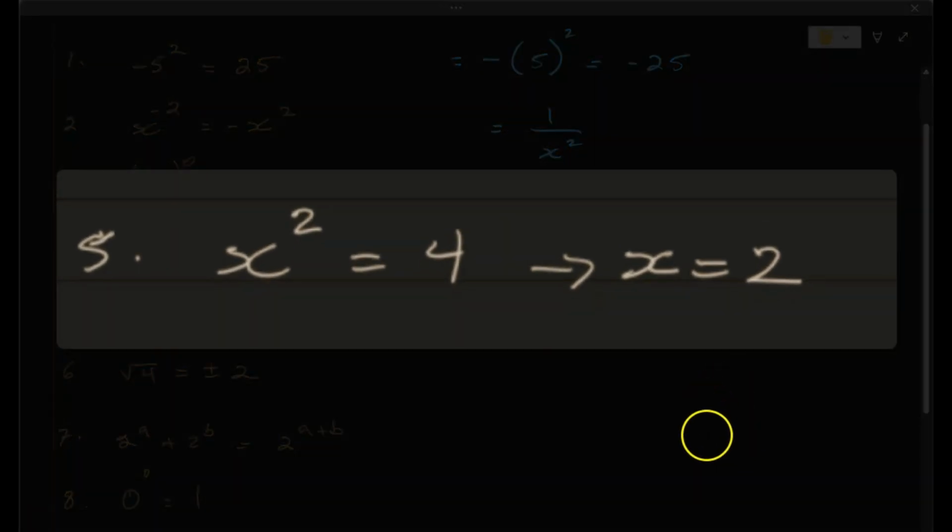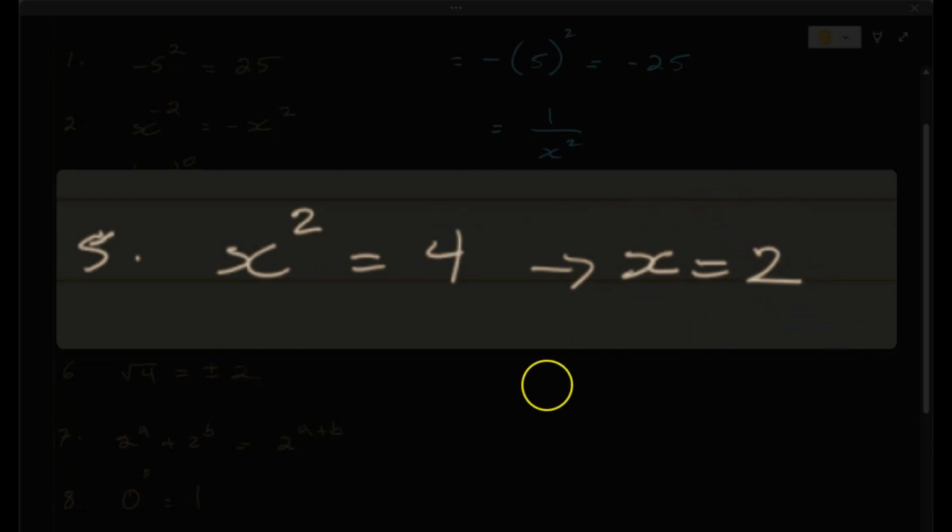This one is very important. This is actually a very common mistake. Most students look at this equation and say, okay, x squared equals 4, therefore x equals 2. That is one of the answers, but that's not the entire answer.